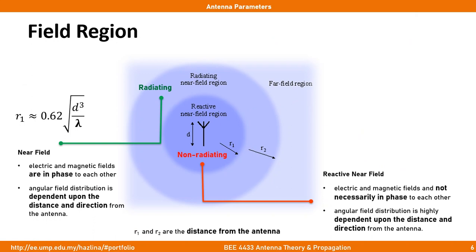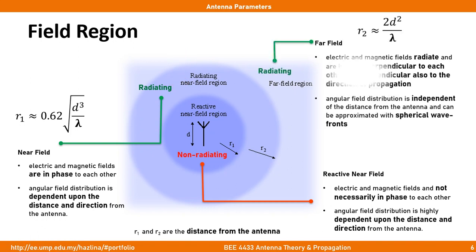Whereas for the radiating near field region, the antenna starts to radiate as electric and magnetic fields are in phase to each other. However, the angular field distribution is very much dependent on the distance and directions from the antenna. This region is estimated between R1 and R2.